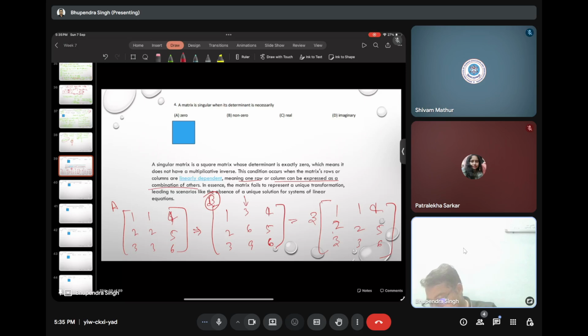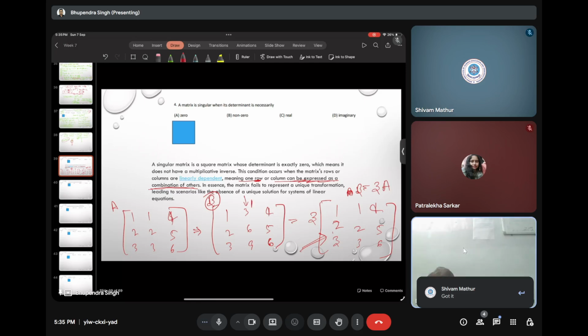Again, this B matrix is looking like B is equal to 3 of A, correct? Which means the determinant of this is also 0. Basically, one row or column can be expressed as a combination of others. So this column was expressed as a combination of this and multiplication of 3. So this is your singular matrix.